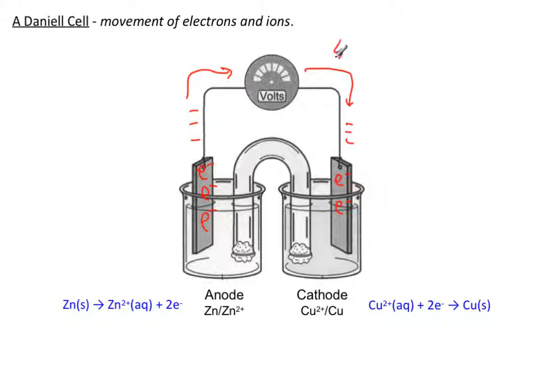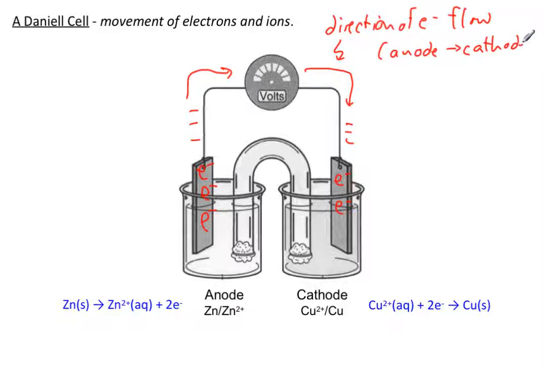So here's the direction of electron flow. It's always the same direction of electron flow, anode to cathode, because at the anode oxidation takes place, providing the electrons. At the cathode, reduction takes place, using those electrons. So the electrons have to get from the anode to the cathode. That's the direction of electron flow.